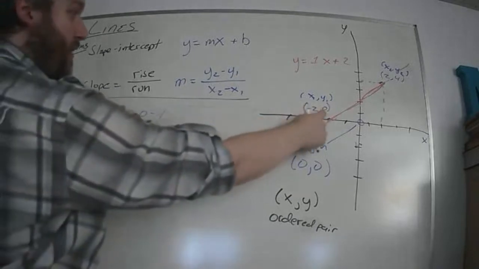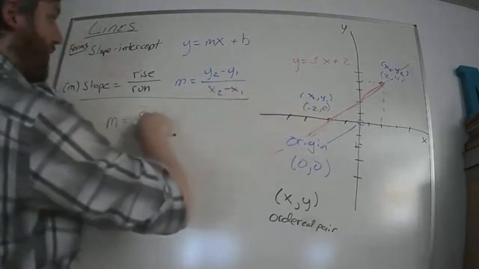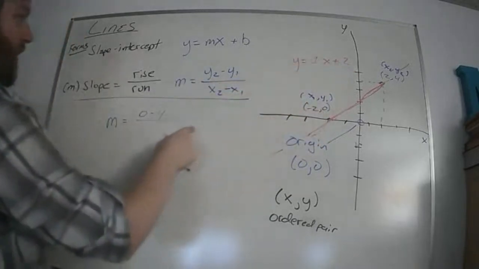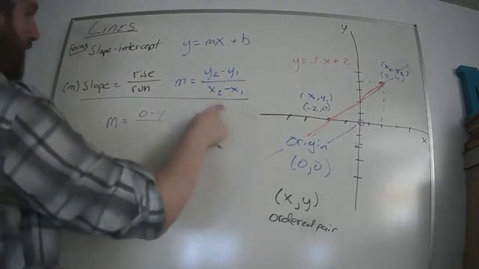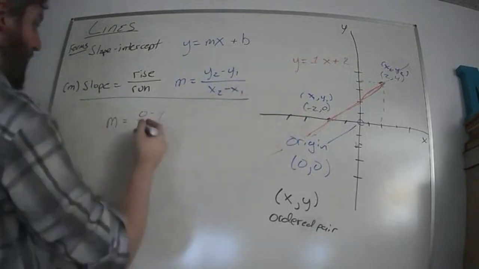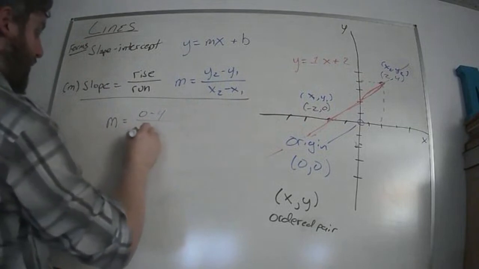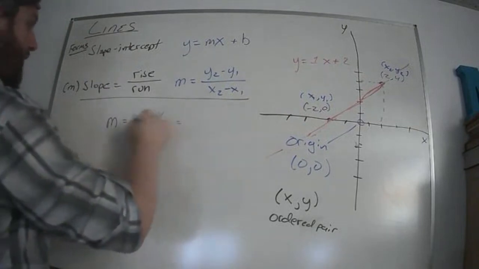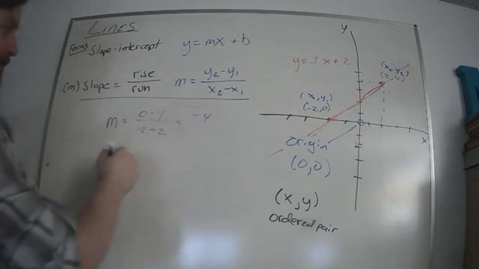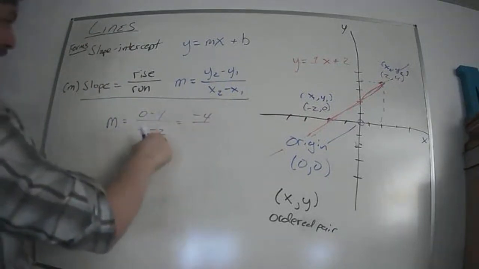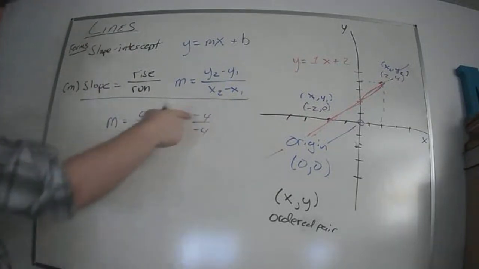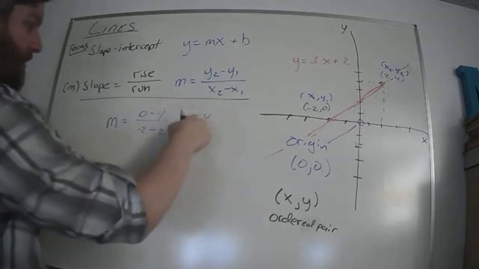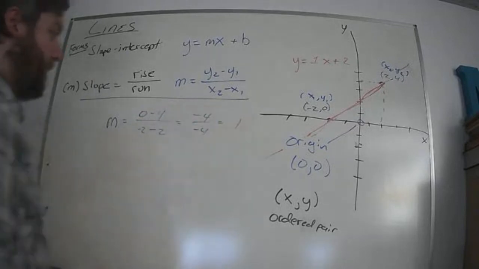Now this is y2, so it goes first, and then the other y point is 4. Now I switch the x values. I have the point x is minus 2, and I subtract from that the point x equals 2. 0 minus 4 is negative 4. Negative 2 minus 2 is negative 4. Negative 4 divided by negative 4. The signs cancel, the 4's cancel, equals 1.